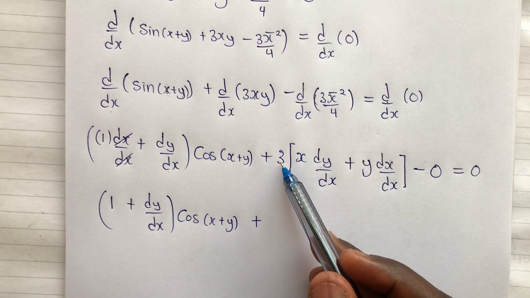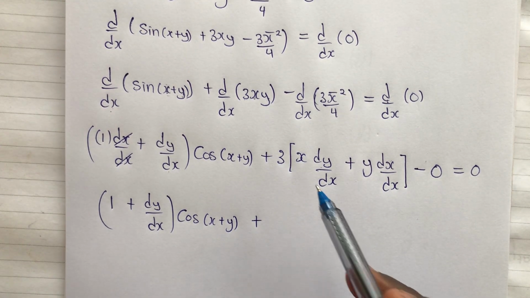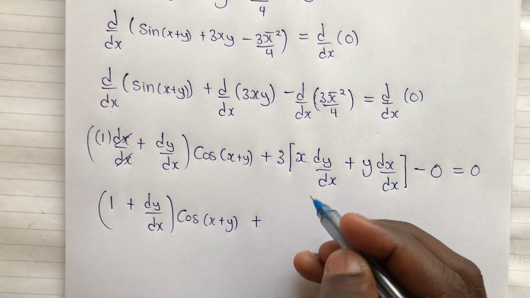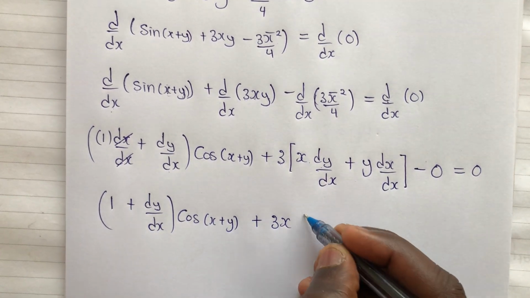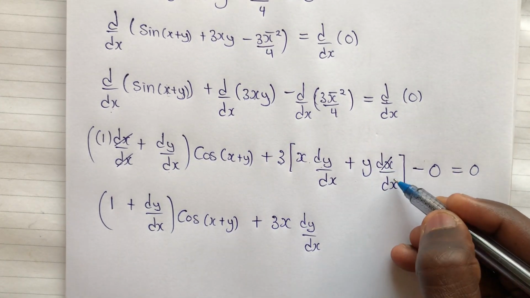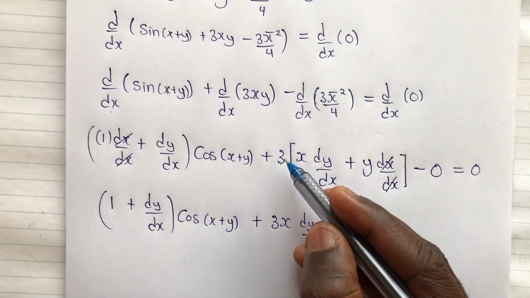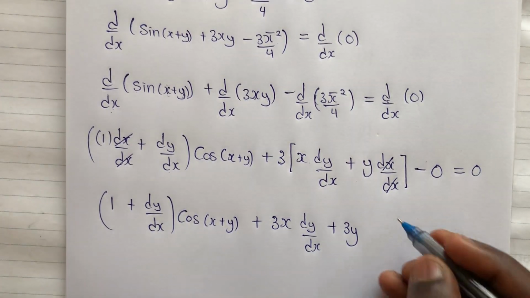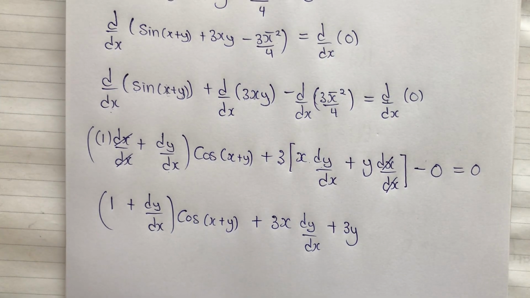This is the time you use your constant to open the bracket. So 3 times this, we have 3x dy/dx. Then this will cancel this, giving us 1. 3 times y will give us plus 3y. Minus 0 is not necessary, so equal to 0.